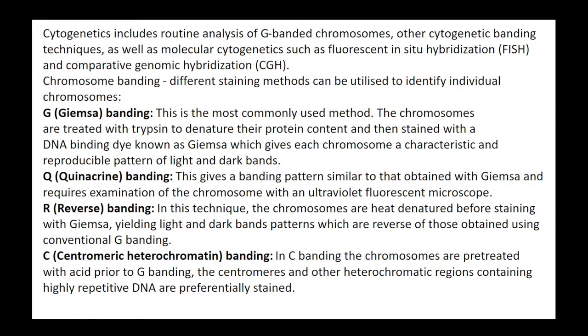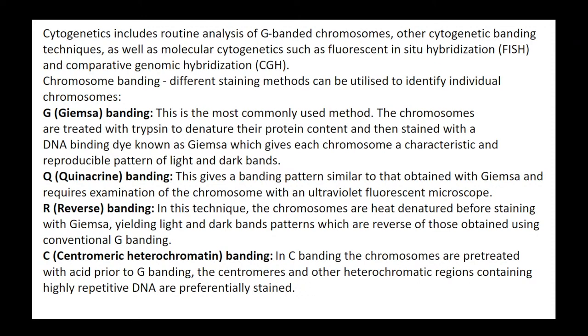Q banding gives a banding pattern similar to that obtained with Giemsa and requires examination of chromosomes with an ultraviolet fluorescent microscope. R banding: in this technique, the chromosomes are heat denatured before staining with Giemsa, yielding light and dark band patterns which are the reverse of those obtained using G banding.